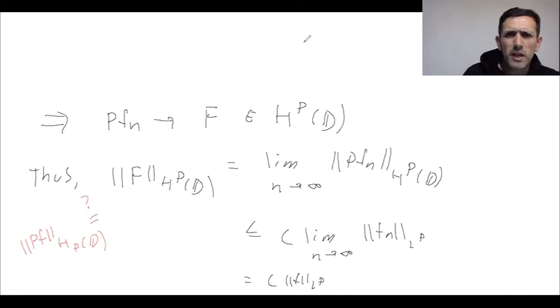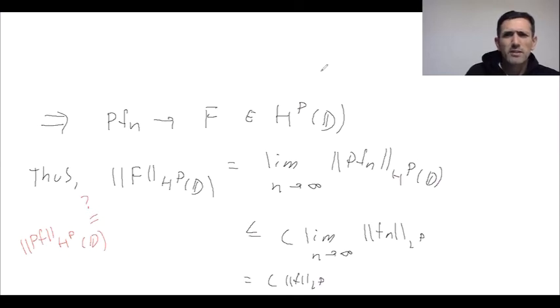I'm sorry, this should be H^p on top. So we've proven that certainly this projection operator P extends from S to the Hardy space, but we don't know if this extension is actually Pf.